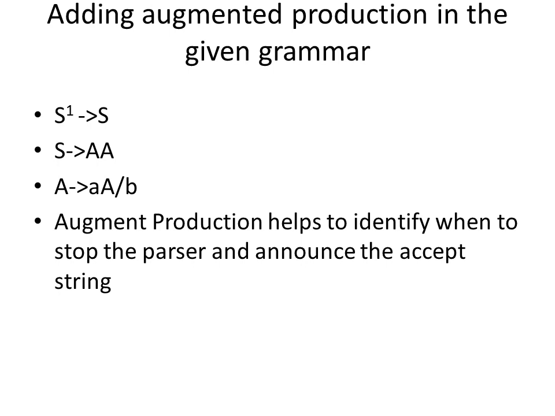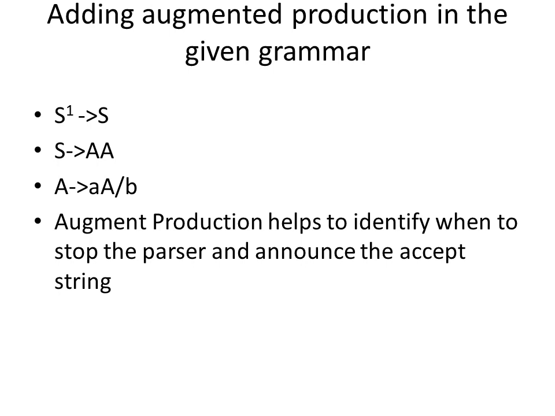If we are able to write one additional production based on the grammar, then that is called augmented production. So our given grammar is S implies capital A, capital A implies small a capital A / small b. Here S and capital A are non-terminals, small a and small b are terminals.